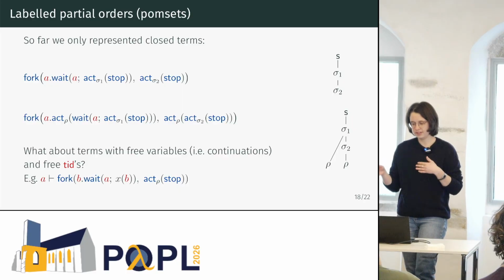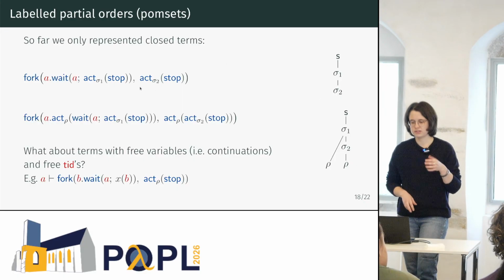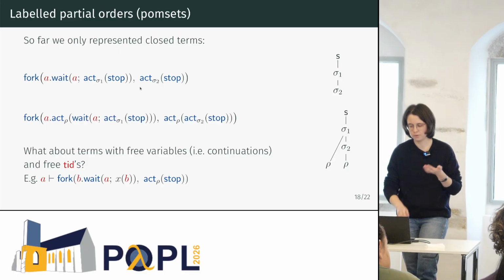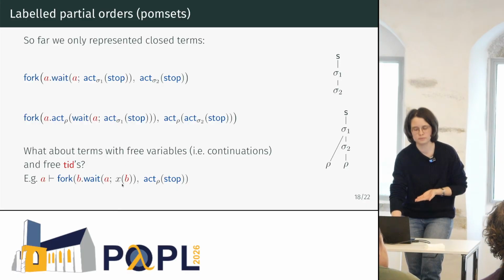So far we have seen some POM sets that model terms. These are 2 examples that I already showed you, but these terms were all closed. So how could we model a term where there was a free variable, like in this term where X is a free variable and also A is a free thread ID?